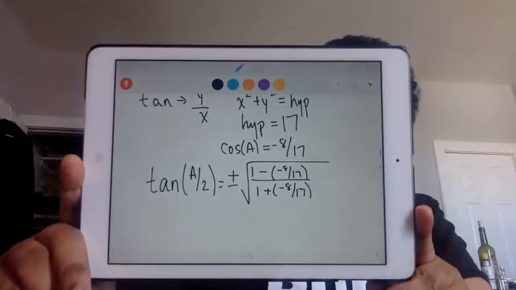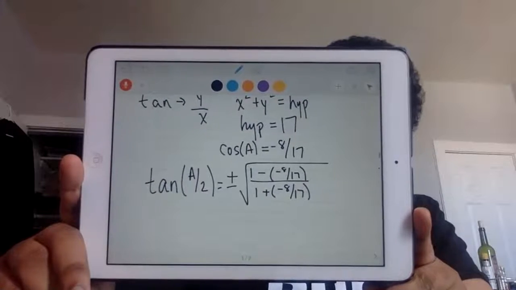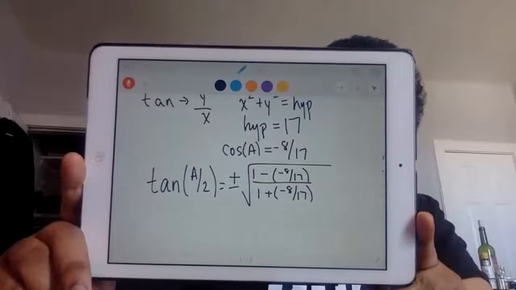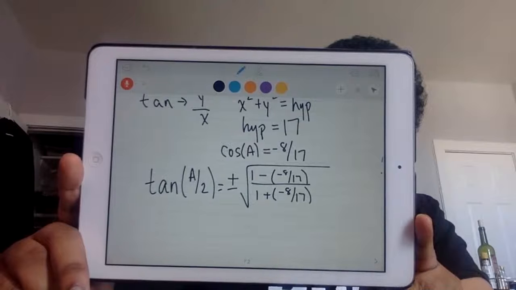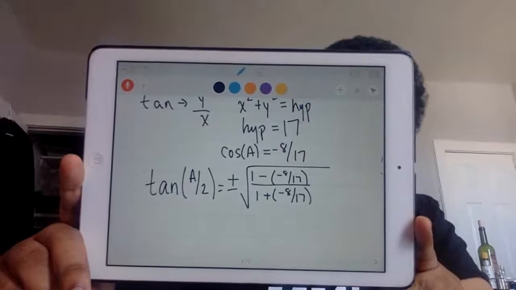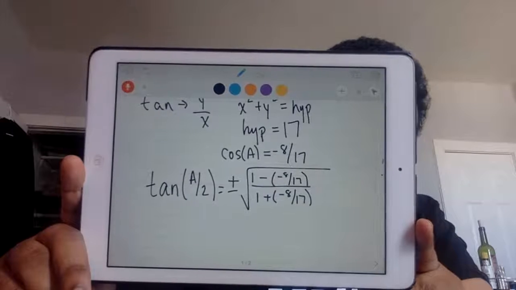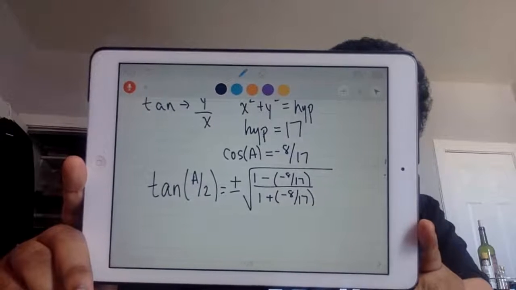So you could think of it this way: anytime you plug in a negative fraction, your formula is going to pretty much flip. Usually we're used to seeing 1 minus over 1 plus, but if you plug in a negative, then minus negative becomes a positive, and plus negative becomes a negative.